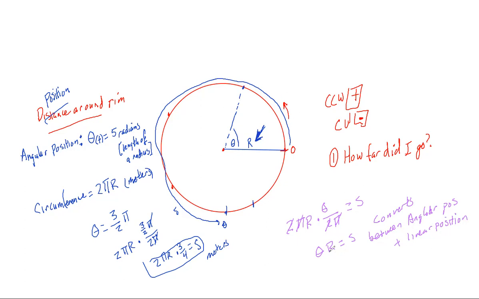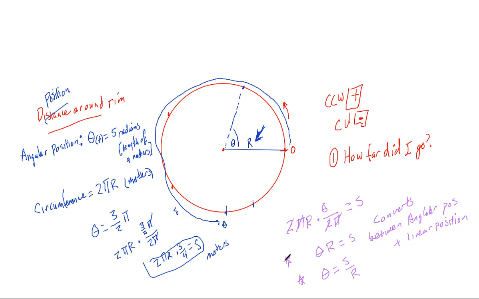Can I convert that into angle? Sure. In fact, using some algebra, the other version is that theta equals S over R. So if I know how far along the circumference I am, and I just divide by the radius, I get my angle. These identities are just based on circle math, and they're pretty important.